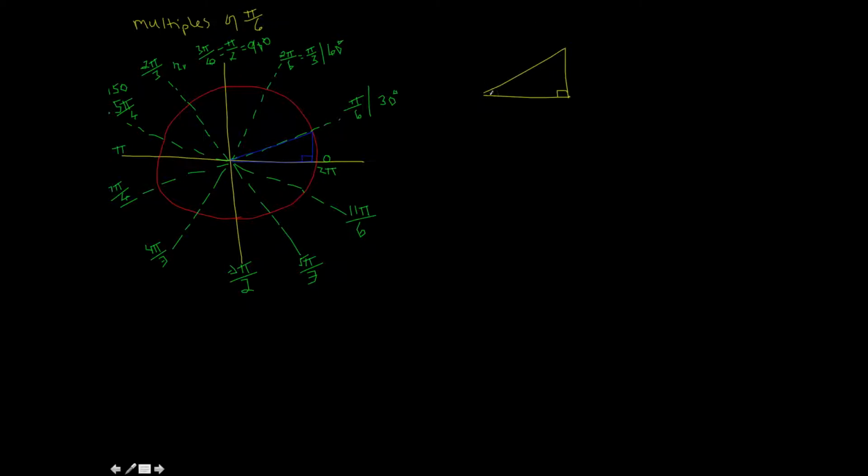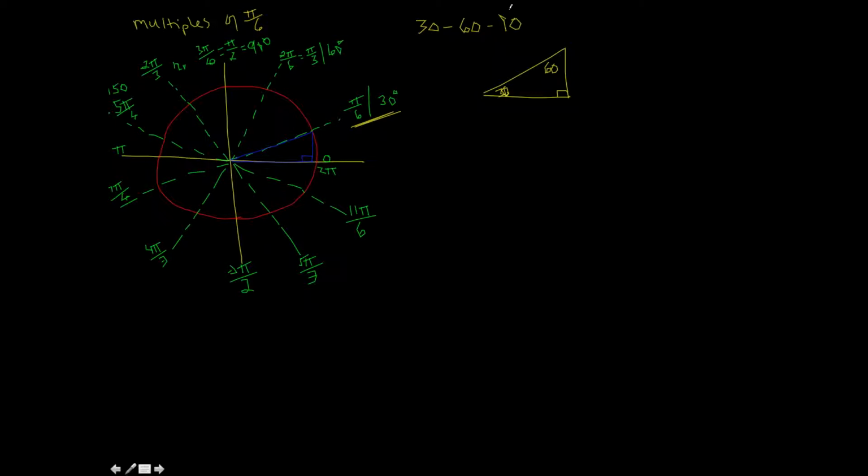So this angle is 30 degrees. We've already discussed that. 30 degrees, as we see right here. Now, if this is 90 and this is 30, that means this is a 60-degree angle. So we have to use the 30, 60, 90 triangle rules, kind of like we used the 45, 45, 90 rules.